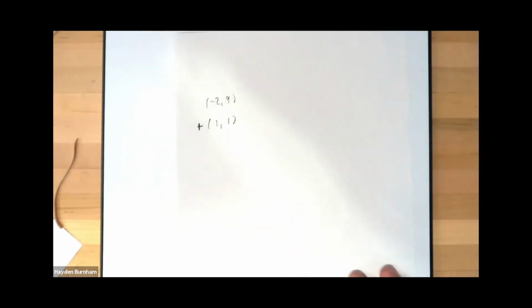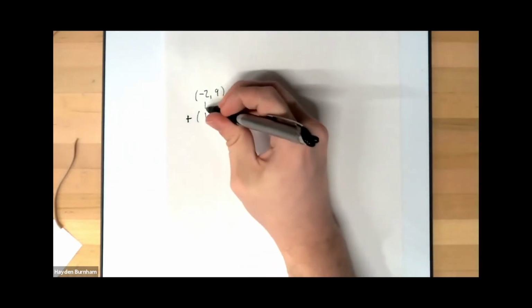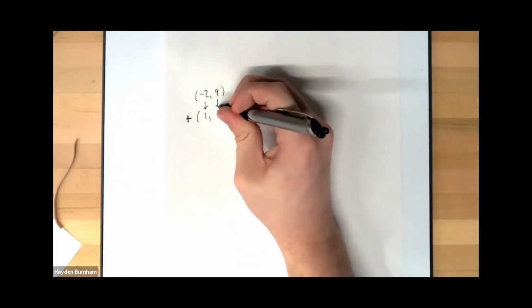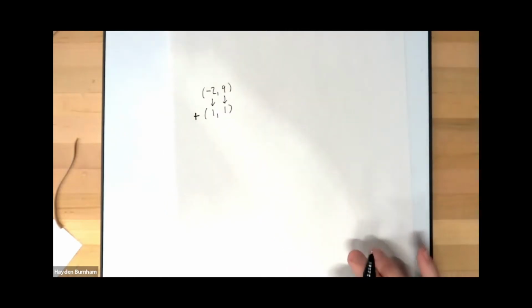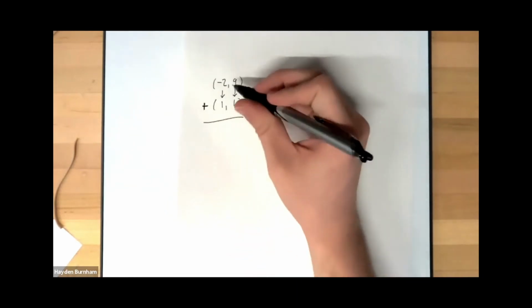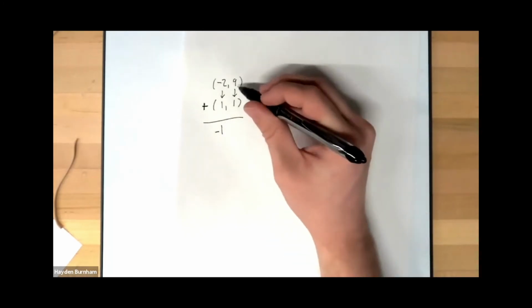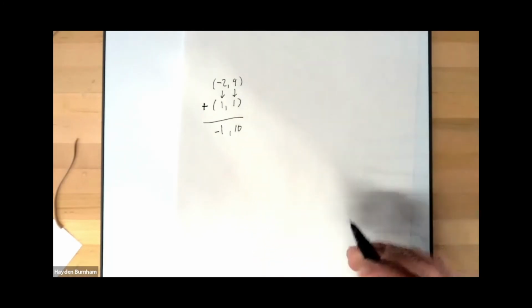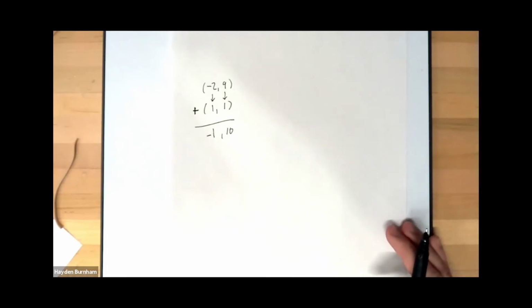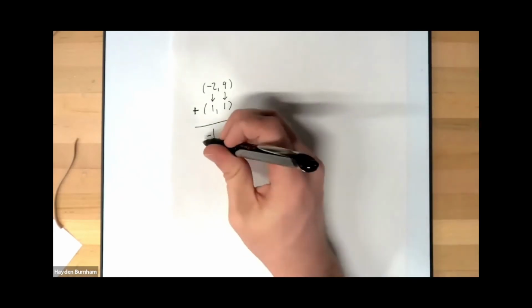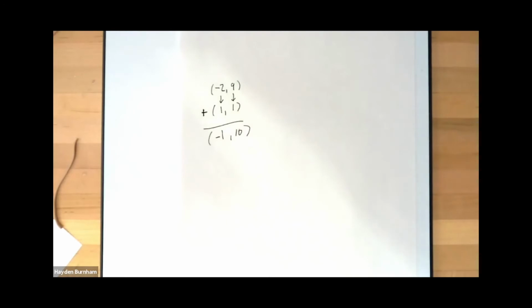Well, the nice thing you can do is just add the x component and add the y component. So it would be -2 plus 1, which is -1, and then 9 plus 1 is 10. And that would be the new vector.